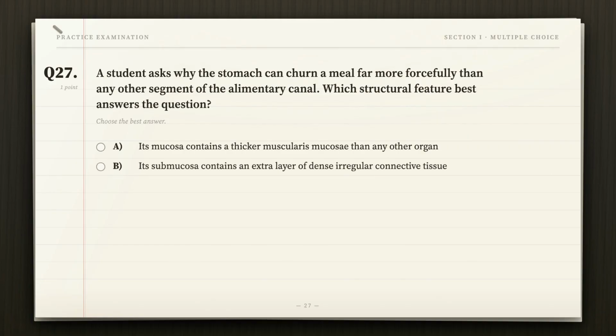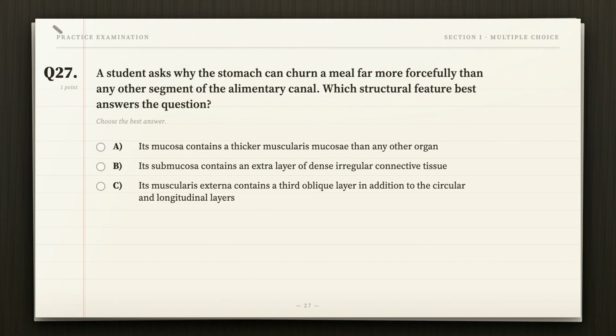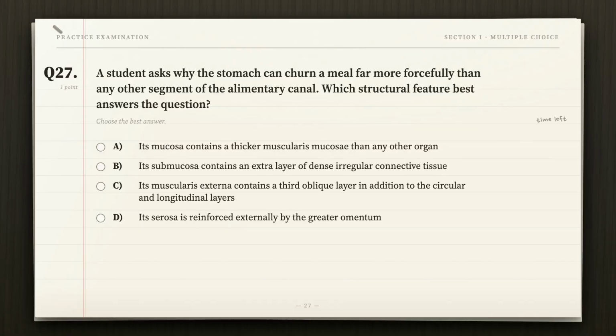B. Its submucosa contains an extra layer of dense irregular connective tissue. C. Its muscularis externa contains a third oblique layer in addition to the circular and longitudinal layers. D. Its serosa is reinforced externally by the greater omentum. Before I reveal it, which one do you think is right?